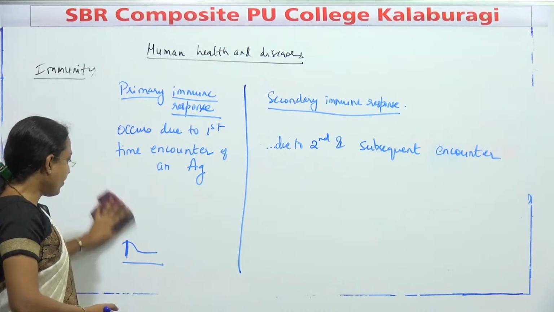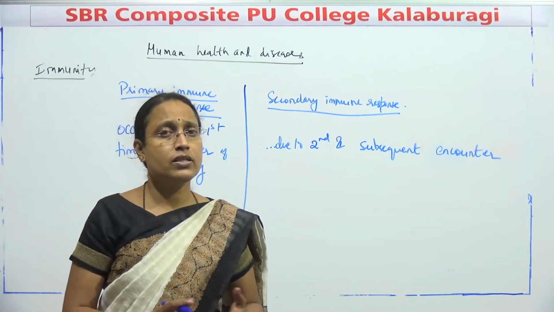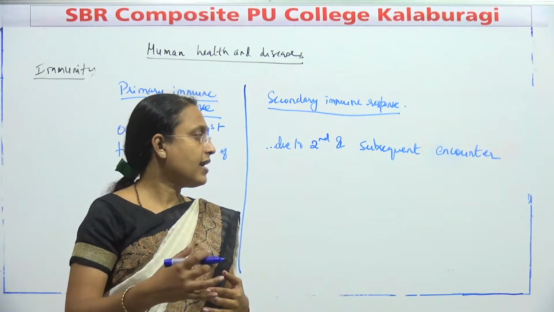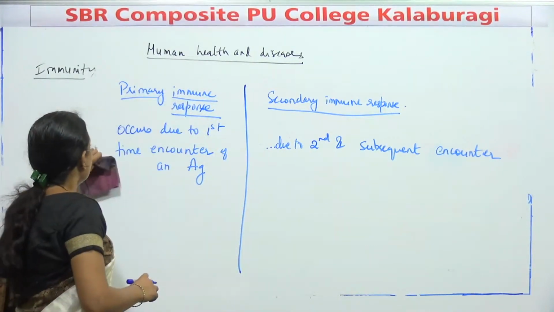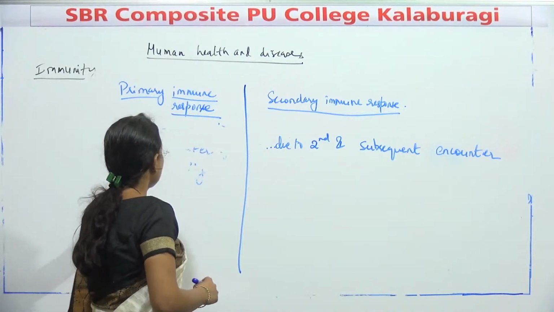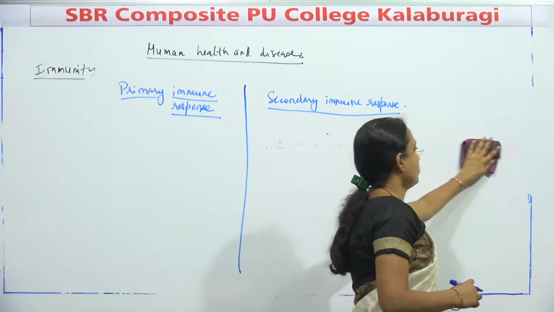As I said, the first time anything happens the response will be very slow, even in the learning process. But for the second and subsequent times it is going to be very fast. So therefore comes the second difference between primary and secondary response.